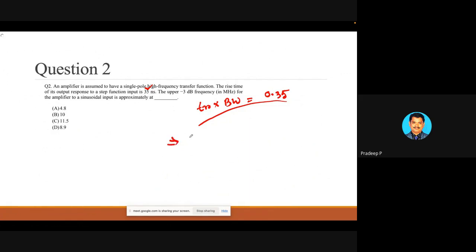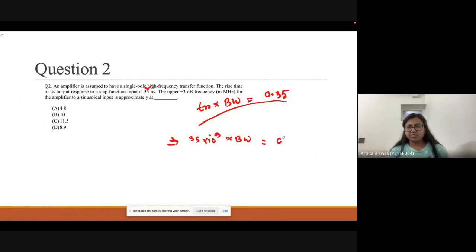The TR value is 35 nanosecond. The bandwidth we have to find out. So it's 0.35 divided by TR.